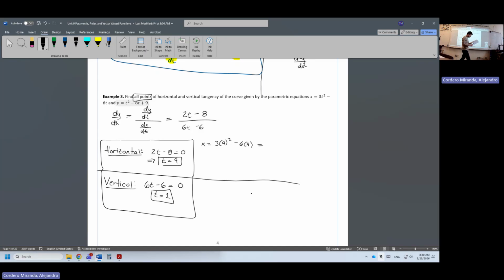Yeah, 24 sounds right. Yeah, okay. I thought I had done it wrong if you said 0. But yeah, I have 24, comma, and then y is, well, let me leave it like that. y is 4 squared minus 8 times 4 plus 9, which is -7 according to my notes. Therefore, the point of horizontal tangency would be (24, -7). Boom.